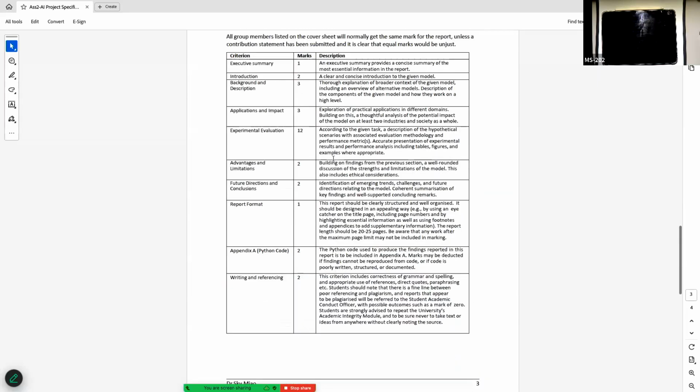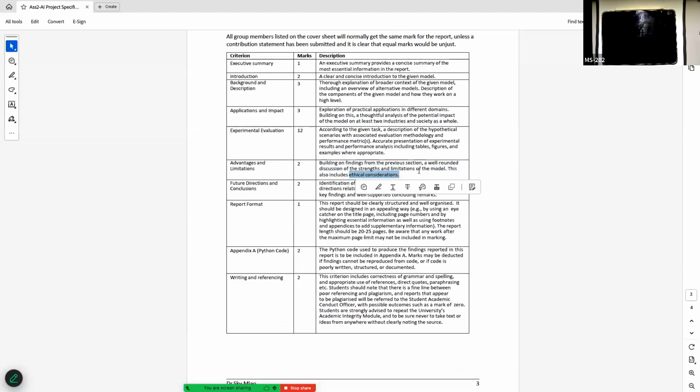You can go through them in detail from here. For example, consider the model's limitations, including the ethical considerations.